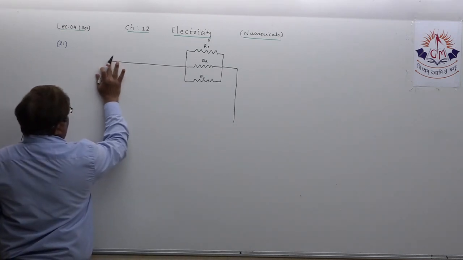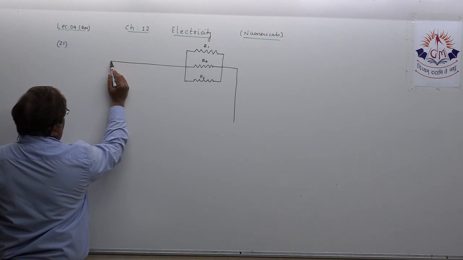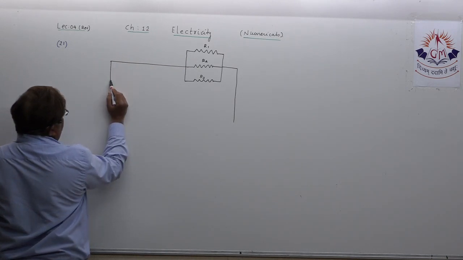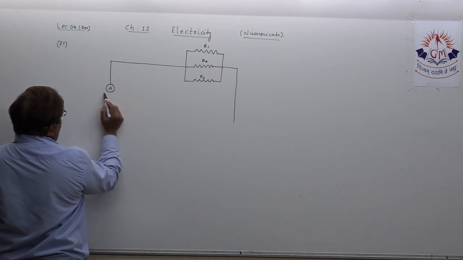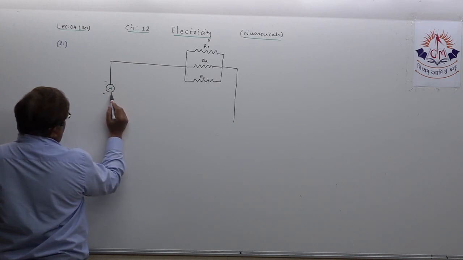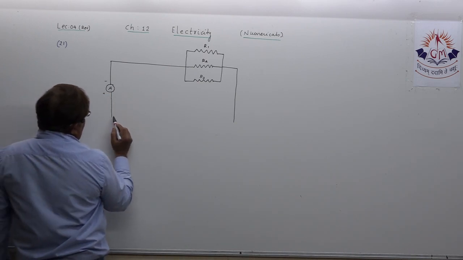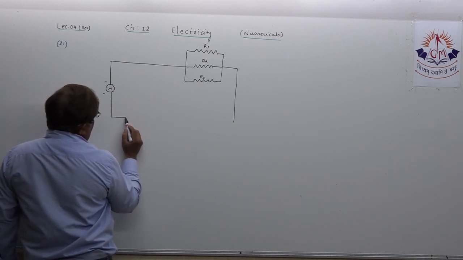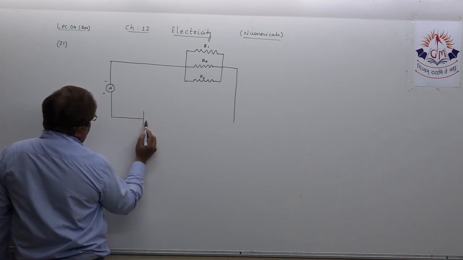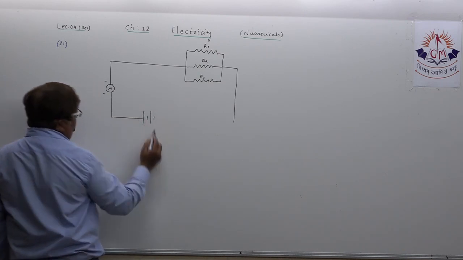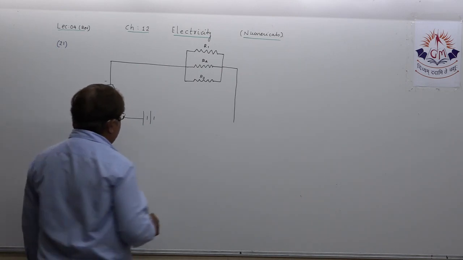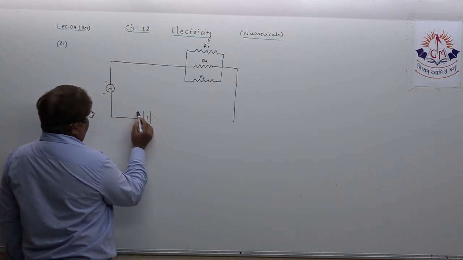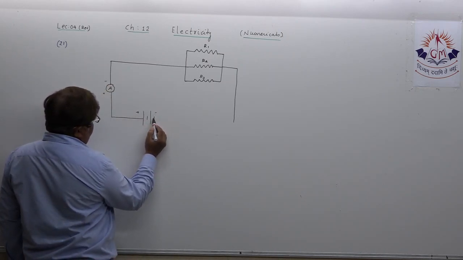Here, as usual, I told you that for a voltmeter or ammeter you should always show positive, negative in your diagram. Then the battery, of how many volts, they have mentioned 12 volt, positive and negative. Understand?